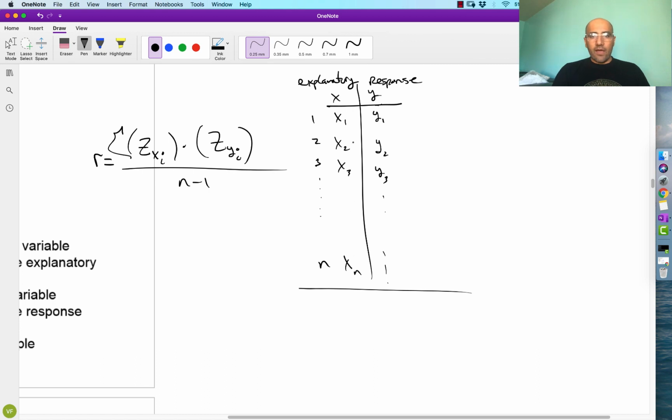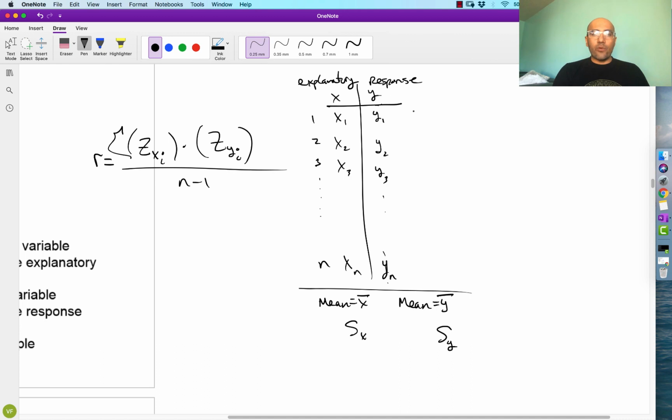Okay, so we're going to find the mean of all the x's, that's x bar. We're going to find the standard deviation of all the x's, that's going to be s sub x. And then for the y's, that goes out to y sub n. We're going to find the mean of all the y's, that's y bar. And then we're going to find the sample standard deviation of all the y's, that's s sub y.